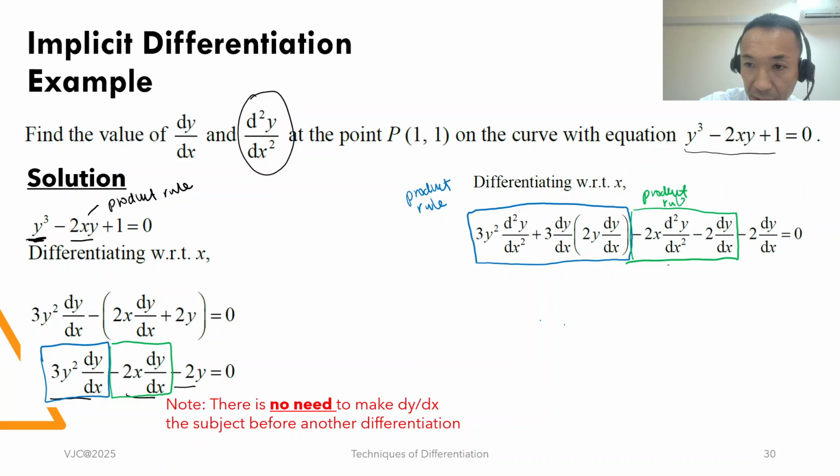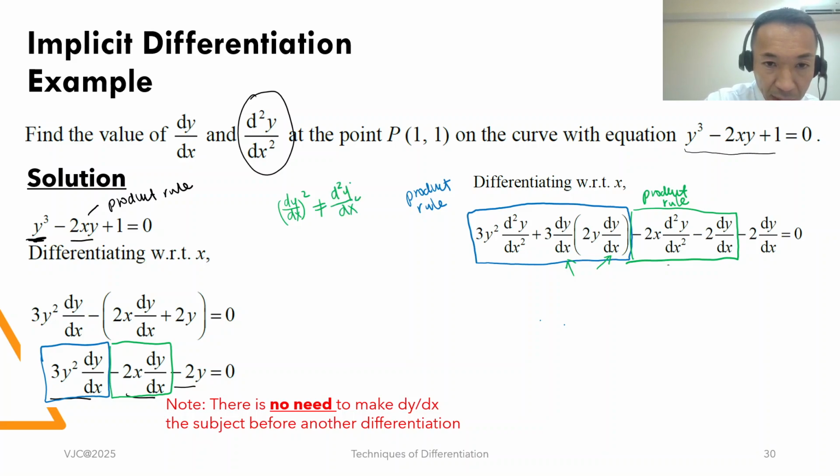Okay, you can take a look. Keep one, differentiate the other. Of course, you differentiate minus 2y, you get minus 2 dy/dx. So this is how it works. It may look complicated, but I don't think it's terribly difficult. But I want to emphasize at this point, here you have a dy/dx and you have a dy/dx. dy/dx times dy/dx, you actually get (dy/dx) squared. So (dy/dx) squared is not d²y/dx².